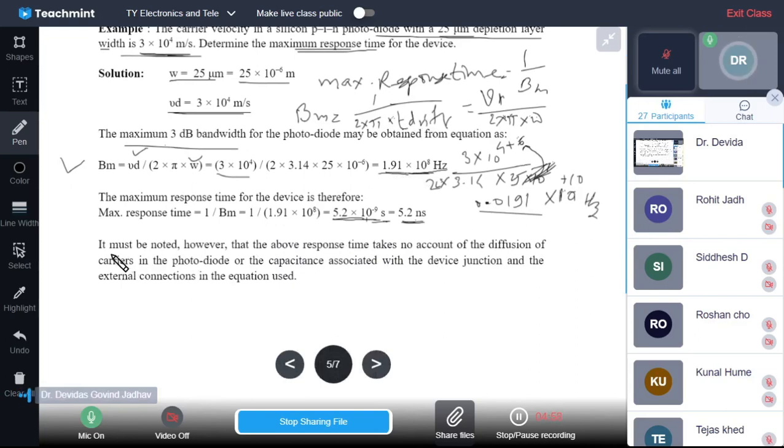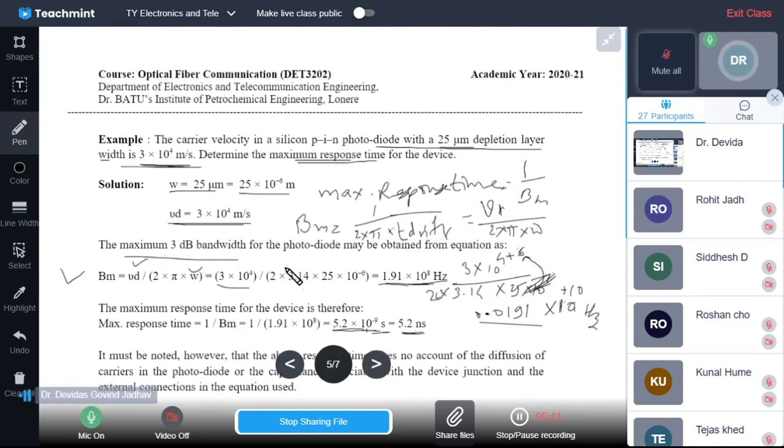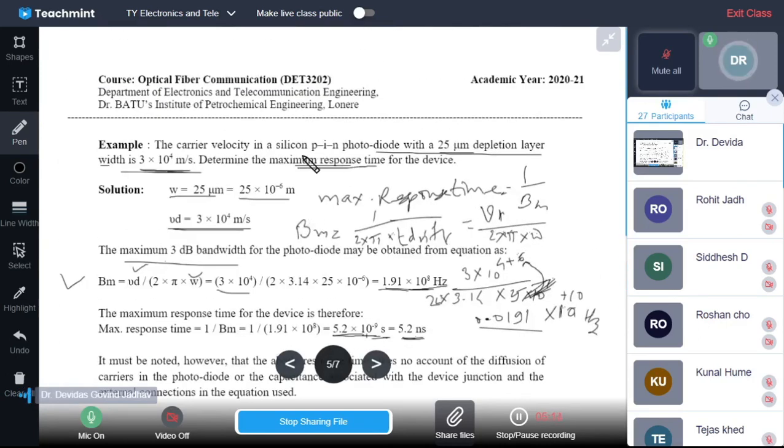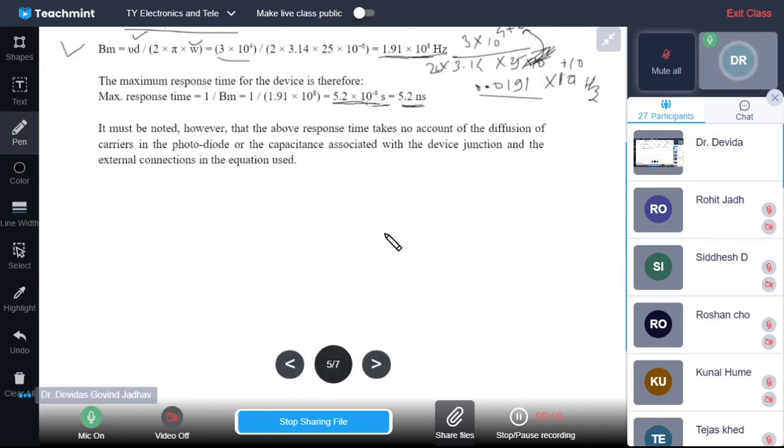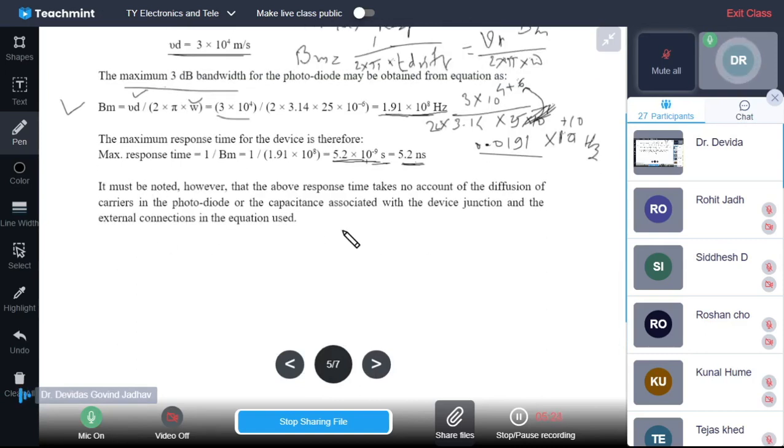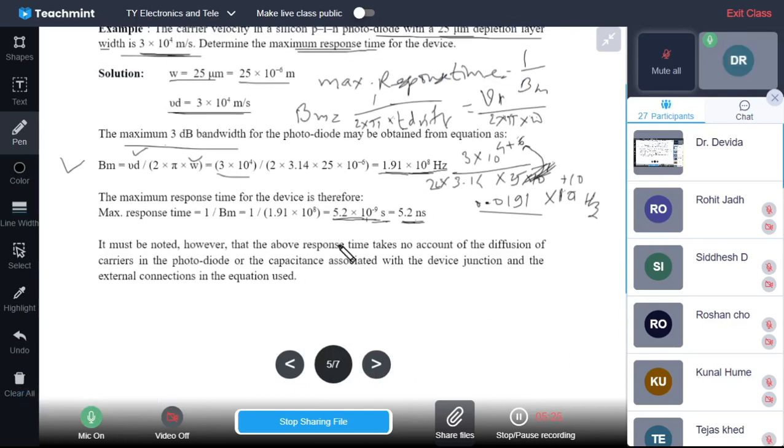It must be noted here that the above response time takes no account of the diffusion carrier, because in a PIN there is no diffusion. The capacitance of the device junction and external capacitance, the RC time constant, is not considered.